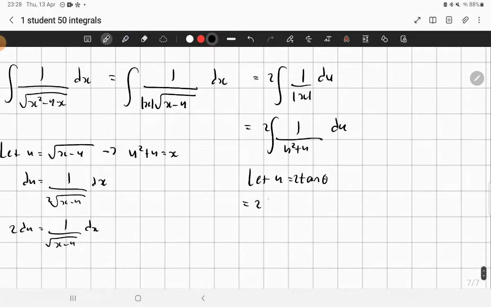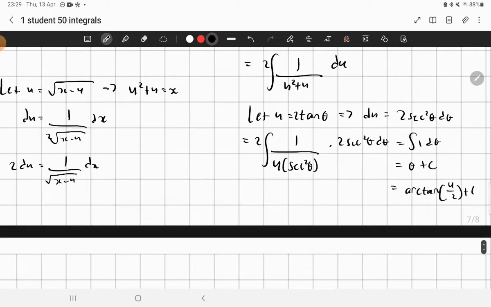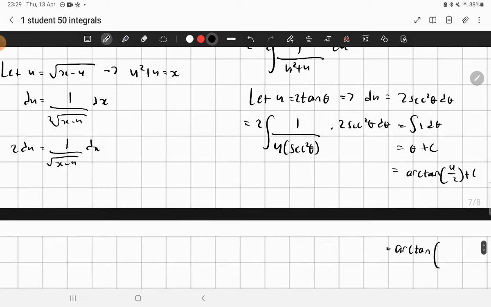Then du is 2 secant squared theta, and u squared plus 4 is 4 secant squared theta. We are left with theta plus c, which means arctangent of u over 2 plus c. We know u is equal to the square root of x minus 4, so it is arctangent of the square root of x minus 4, over 2, plus c.